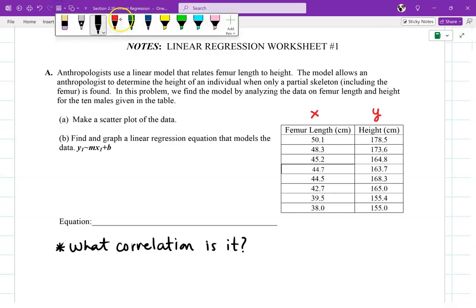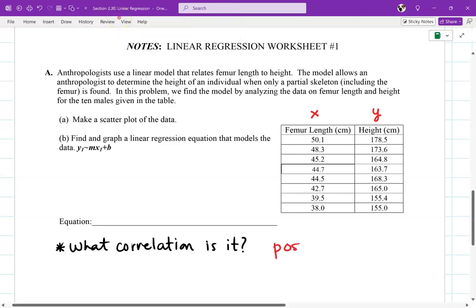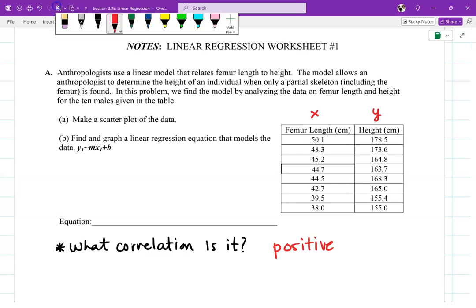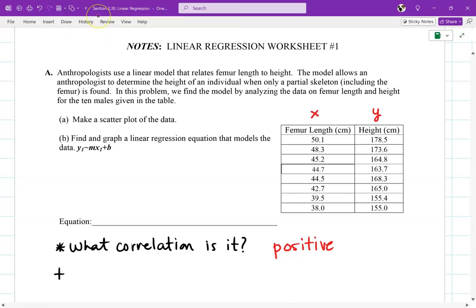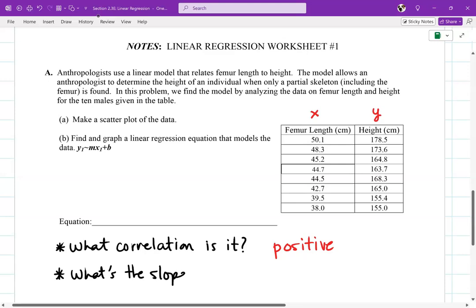And you guys said positive, so that's good. That's the first question that you're going to see. When you do your homework, there's going to be a question like that. It says, what kind of correlation is it? Then the next question that they ask you is, what's the slope? And then you're thinking, I have no idea what the slope is. Well, there's a cool way to figure that out. So let me show you guys.